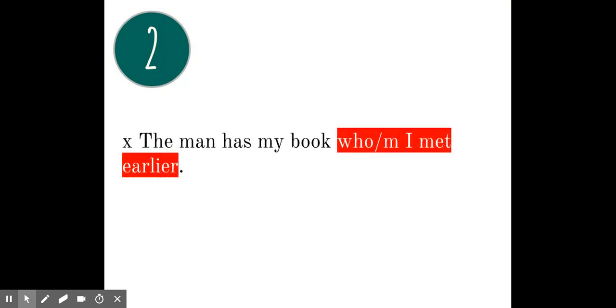So the man has my book, whom I met earlier. Whom. Okay. So whom I met earlier, this is fine. But right now, it's talking about book, right? Can you meet a book? No, the book is a thing, right? And actually, this whom tells us it must be a person, right?